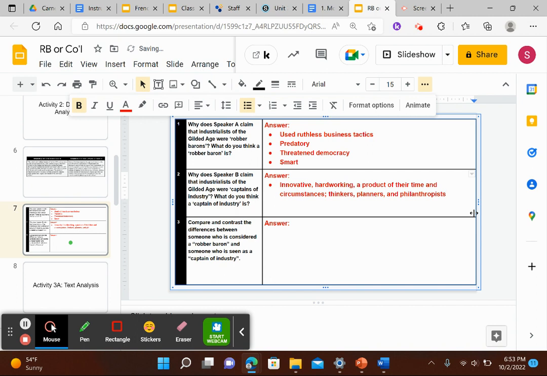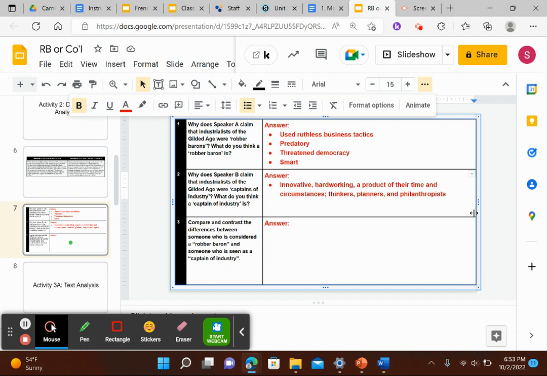If you don't know what a philanthropist is, it's someone who gives money to charity or to different public programs to improve life. So many of our robber barons or captains of industry opened up universities, like you might have heard of Carnegie Mellon University, which was Andrew Carnegie, or Vanderbilt. They opened libraries.